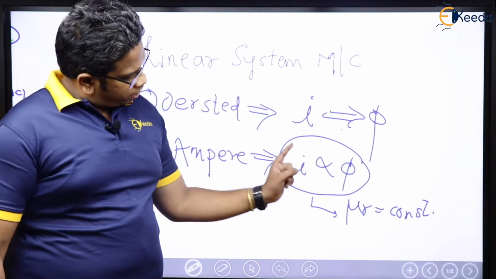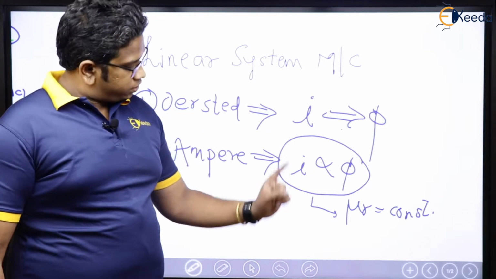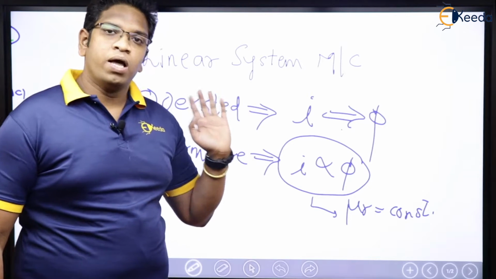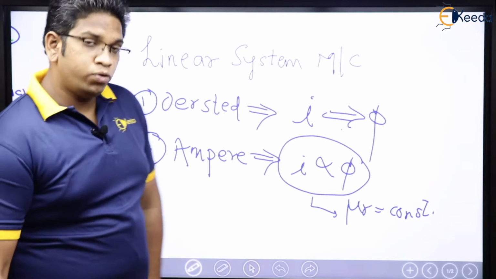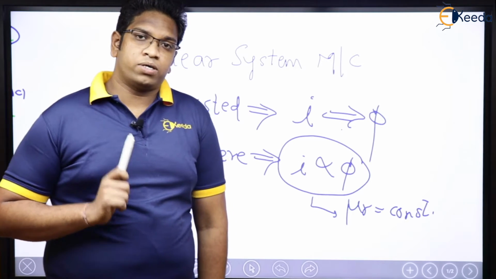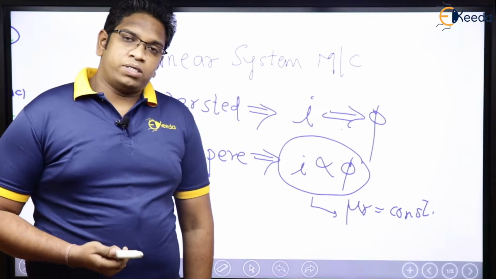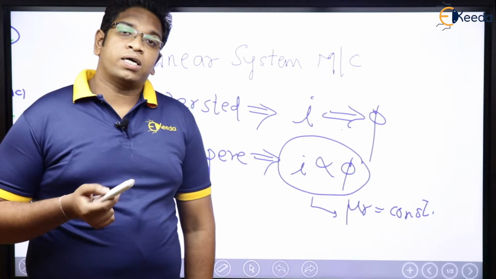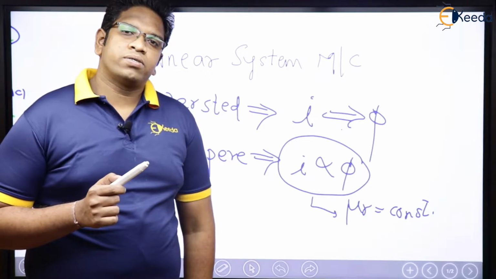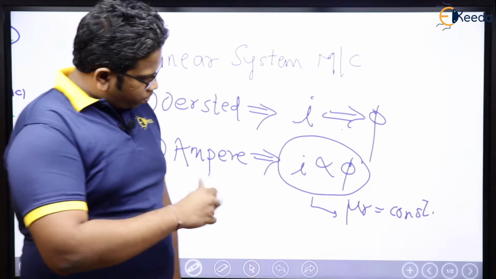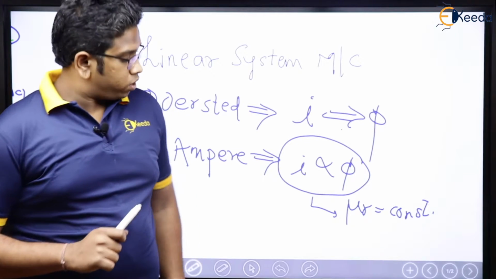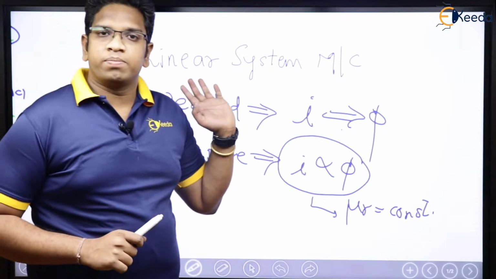Time will come when I will discuss why I proportional to phi means mu r is going to be constant. But now, if you remember in the different stages of analysis, in ideal machine we are not going to consider non-linearities, which means linearity means current I is proportional to phi.